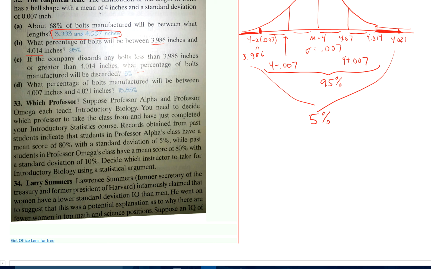So let's do that picture again, because this is a good adding and subtracting question. So here's 4. One standard deviation is 4.007. 2, 4.014. 3, 4.021. So they're asking what percent is in here.